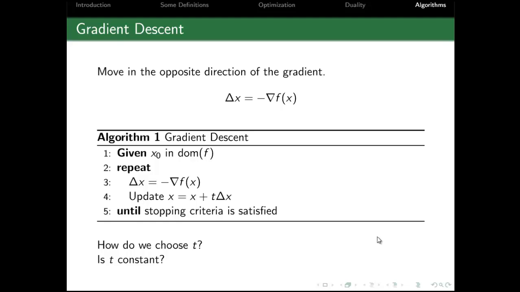Methods which choose t according to this criterion are out of the scope of this tutorial. But is a constant t enough for us? In most conditions, if you take a small enough step size, it is fine and you will hit very close to the minima. So in practice a constant t works.